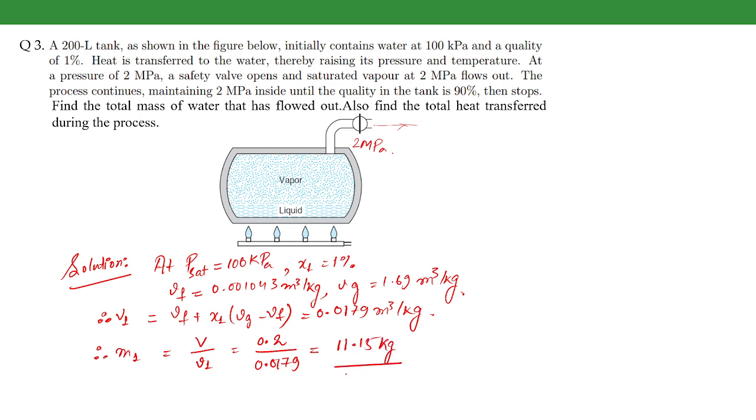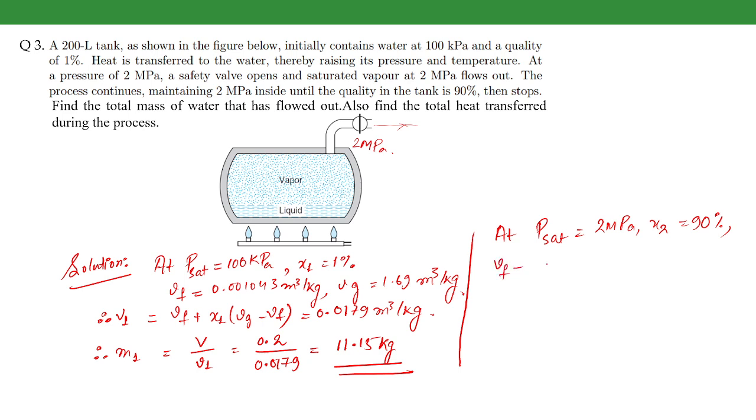So initially 11.15 kg of liquid water plus vapor is present. Now by the heating process, the saturation pressure becomes 2 megapascal and x2 is 90%. So this is the final quality.